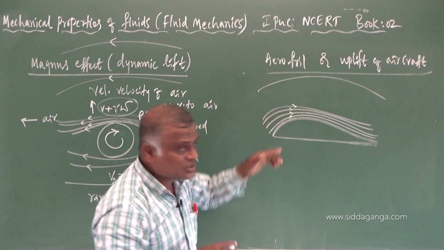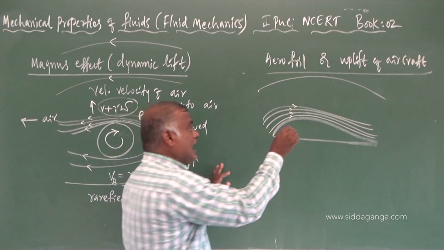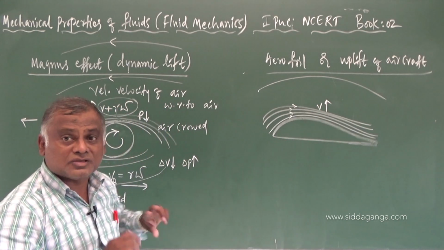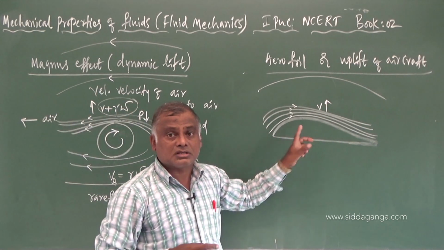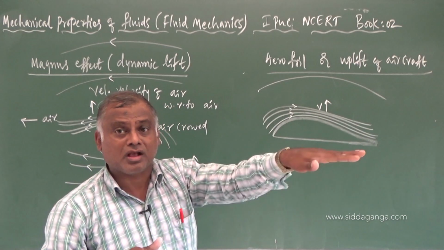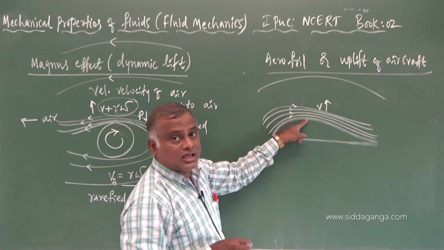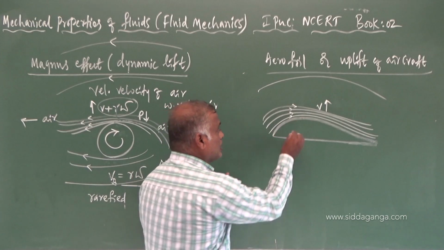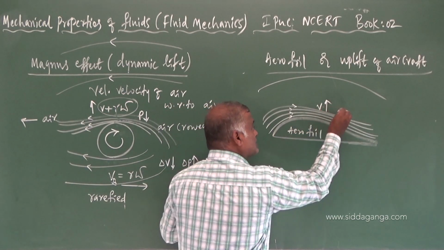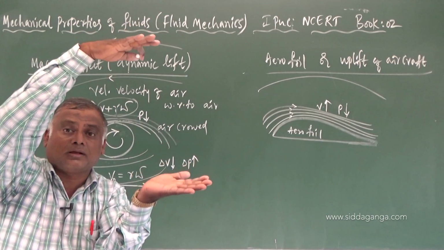All these air layers move with the same speed as the aircraft is moving. Don't confuse this with the spinning of a ball. This air is not spinning, it is moving with some speed. The air layer which is in contact with the aerofoil, we call this an aerofoil, has greater velocity. As a result, there is a decrease in pressure, lower pressure at the top.